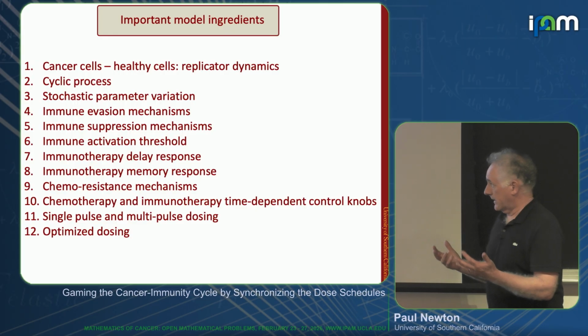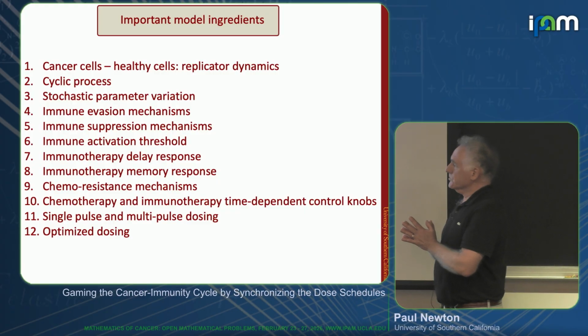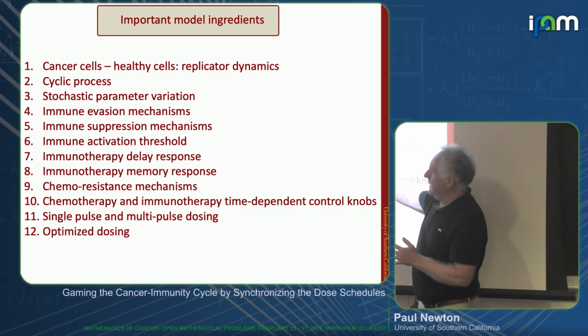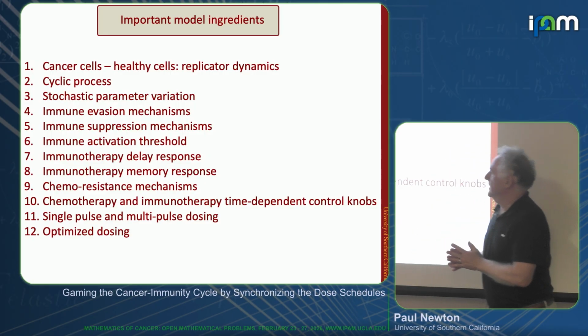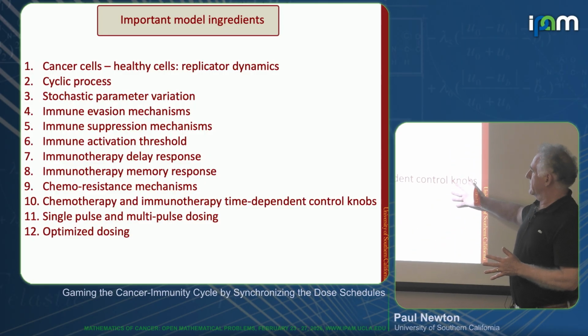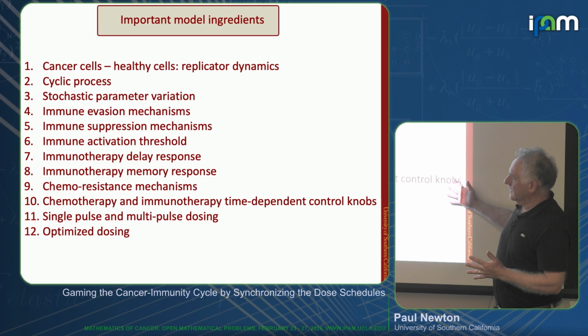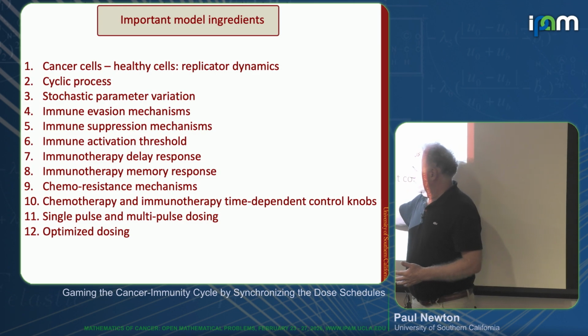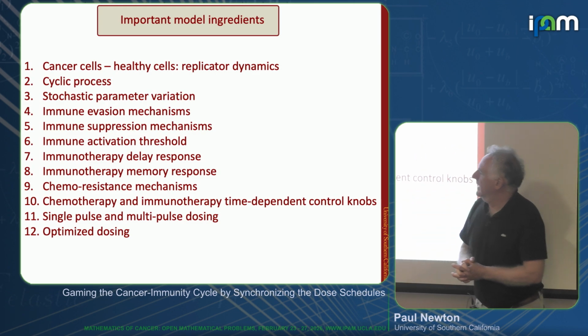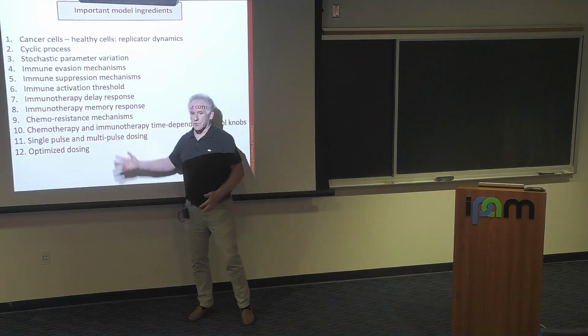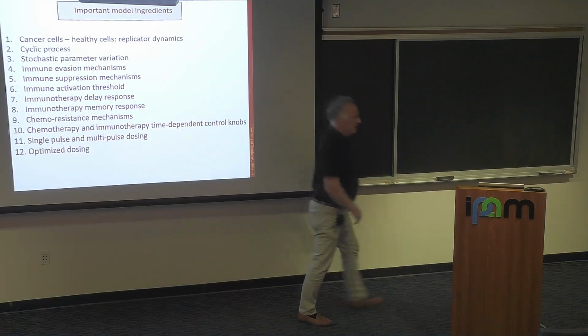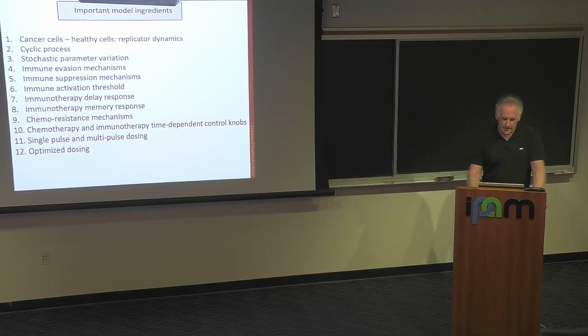There's immunotherapy delay response and immunotherapy memory response. There are chemoresistance mechanisms. There are chemotherapy and immunotherapy time-dependent control knobs in the model. We looked at single pulse and multi-pulse dosing schedules, and then we did optimized dosing schedules. So that basically is where we are in this model.